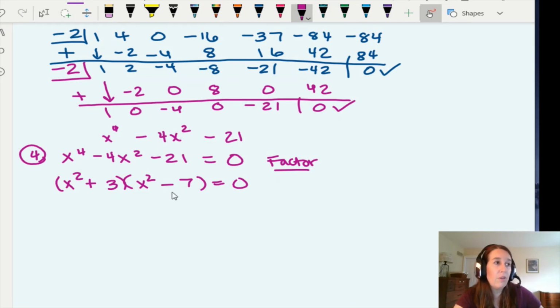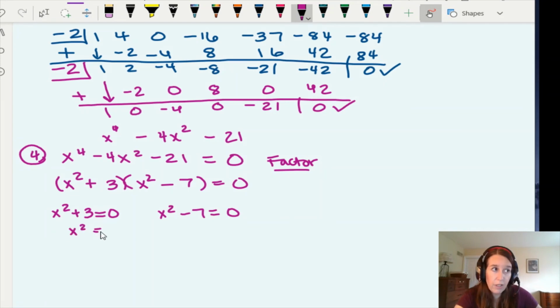Okay, so now to solve this, we have x squared plus 3 equal to 0, or x squared minus 7 equal to 0. Now if you think about this one, if you subtract 3 here, you're going to get x squared equals -3, and this is a non-real number.